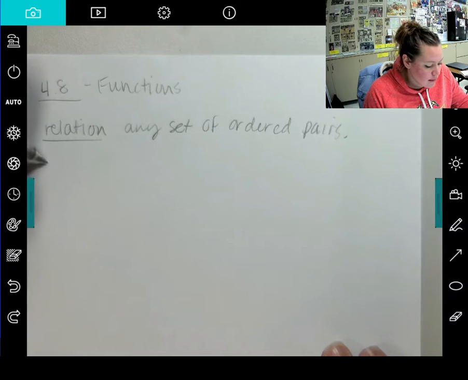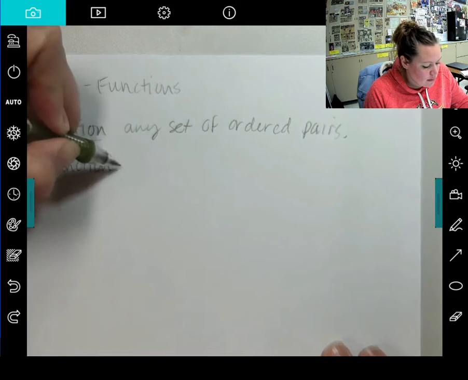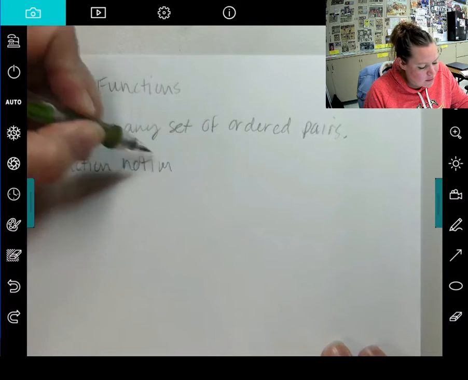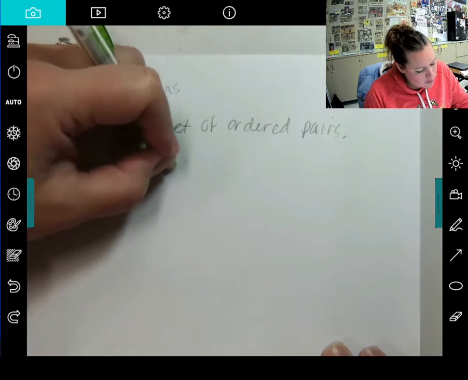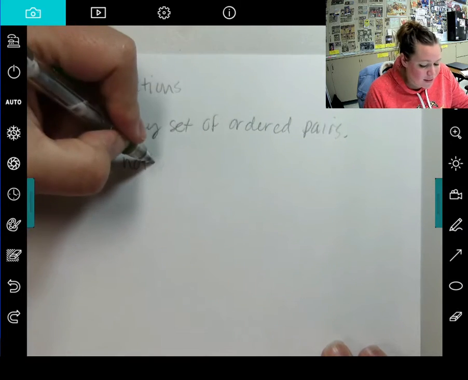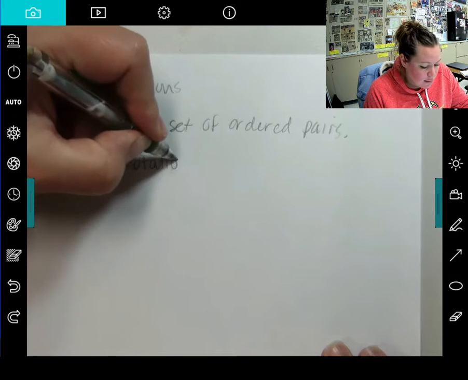The next piece of vocabulary that we need to know is called function notation, and this is probably not as important a vocabulary word as it is a symbol.